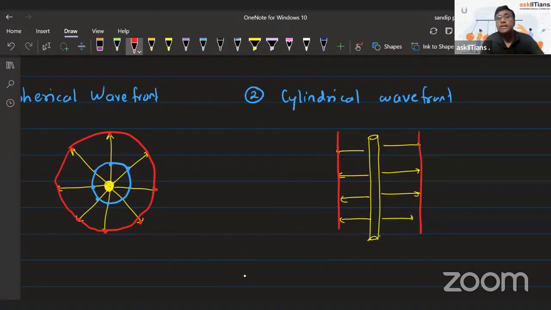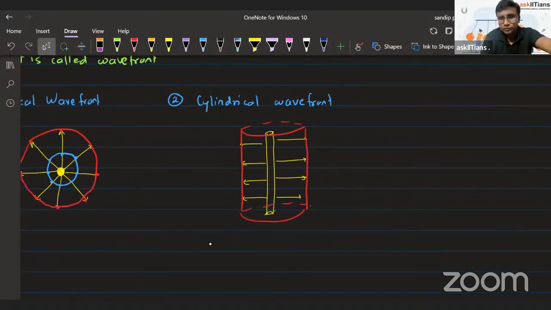In 2D, it looks like this, right? In 3D, it will become something like this. So that looks like a cylindrical wavefront, we can say. Example, obviously, the tube. Third wavefront you can consider is a planar wavefront.